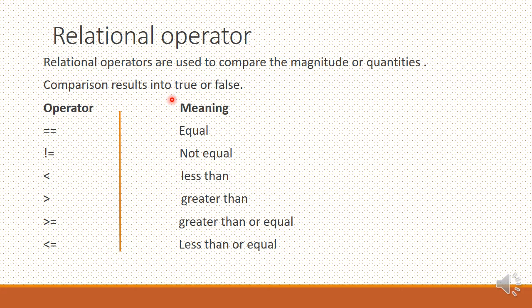Like that, we want to compare the numbers or any magnitudes or quantities. Then we use the relational operator. And remember that whenever we use the relational operator, we get the answers in true or false. So, what are the relational operators available in the C language?